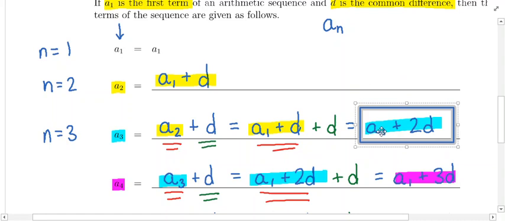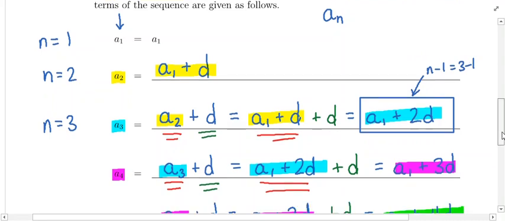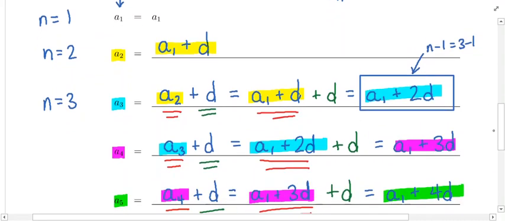So what you can see here is we take A1, the first term, and we're adding some multiple of the common difference. So how does 3, the n value, relate to the number that we're multiplying D by? Well, this is n minus 1. This is 3 minus 1. And you can see this pattern continues.